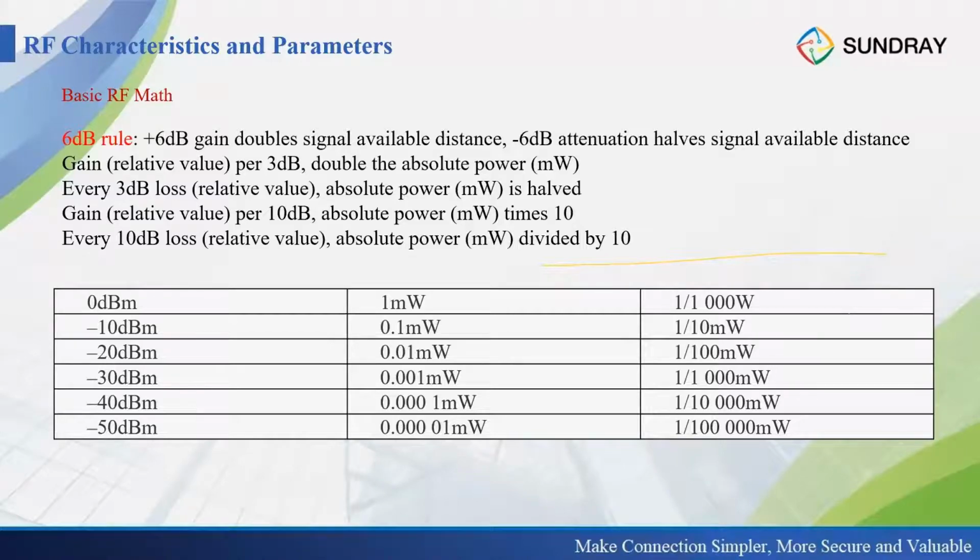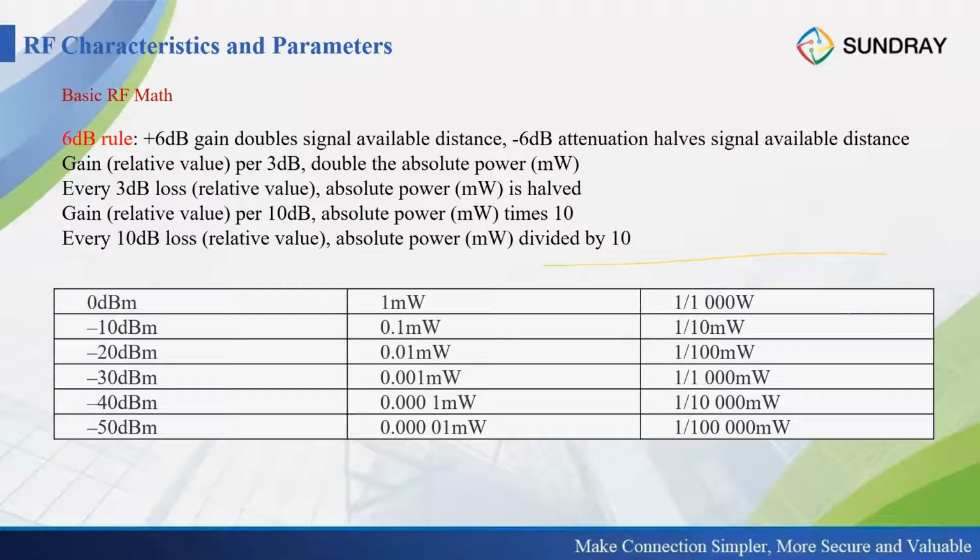For example, 20 dBm is 100 milliwatts. And if your transmit power is 23 dBm, the transmit power will be 200 milliwatts. So you can think of that as the difference. These are the 3 dB rules. We have 6 dB rules, 3 dB rules, and also 10 dB rules.